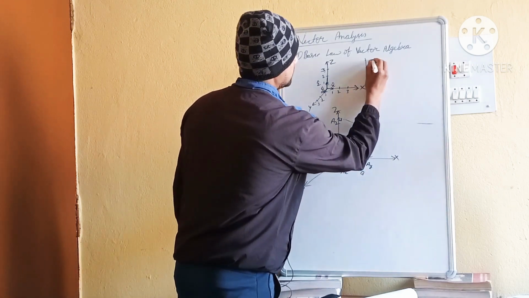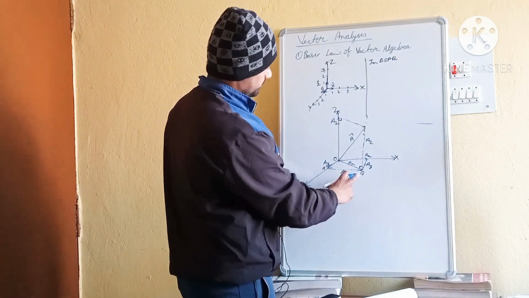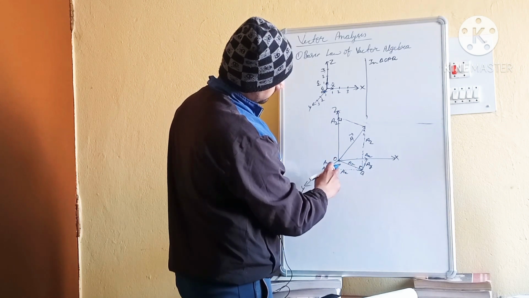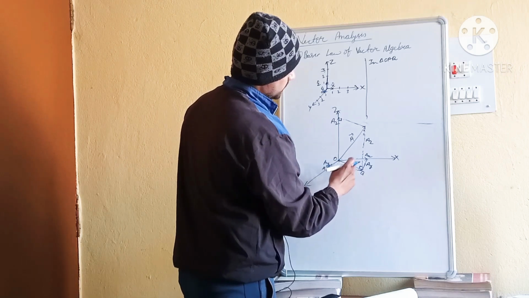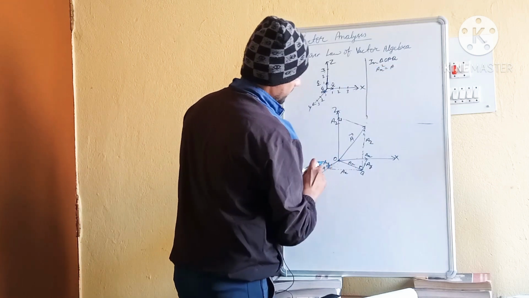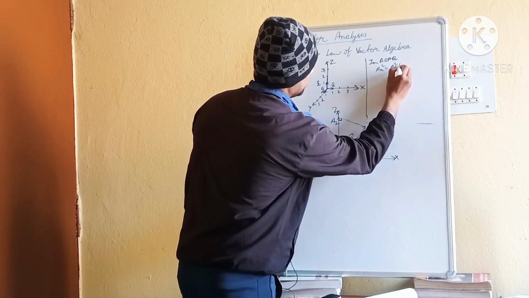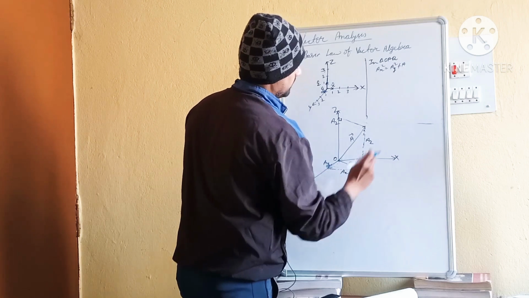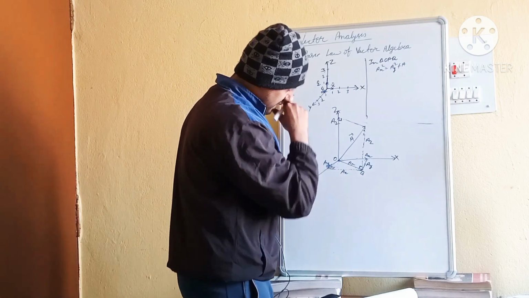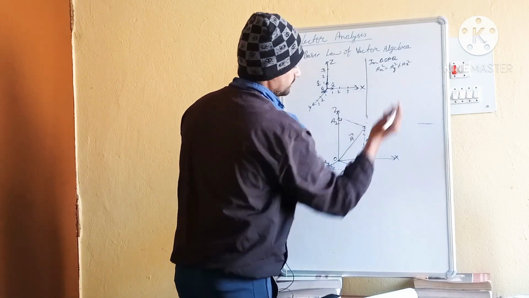Now you can see in triangle OAB, this one is the hypotenuse, so here you can write AR square equals AY square plus AX square, because, as I already told you, these all are perpendicular. So that's what you got.